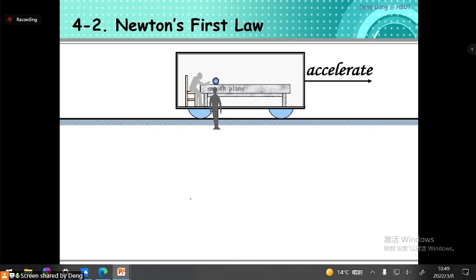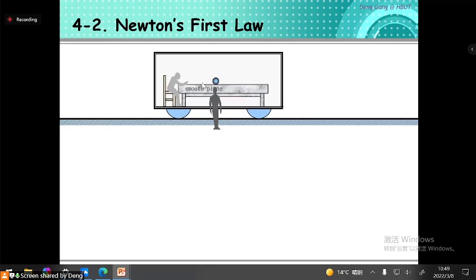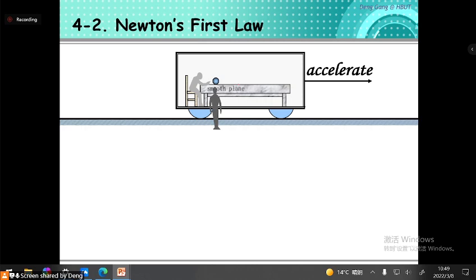Still here, relative to this guy on the ground. So let's check this again. Originally the ball is here relative to this guy, right? And when the train accelerates, it moves toward this guy, but relative to this guy, it is still at rest.